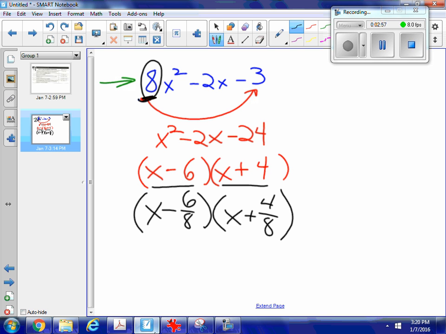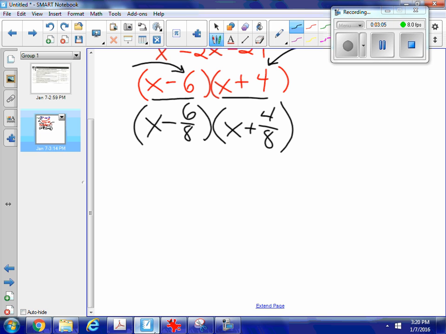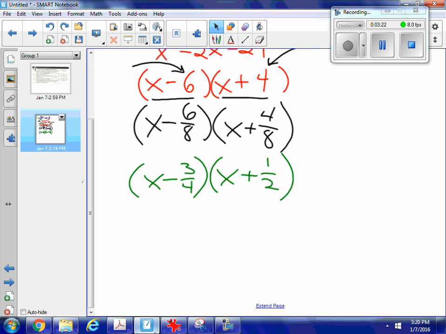I just took this constant and that constant and divided them by 8. And so I have some fractions here, and I'm going to simplify them a little bit. I have x minus 3 over 4, times x plus 1 over 2.